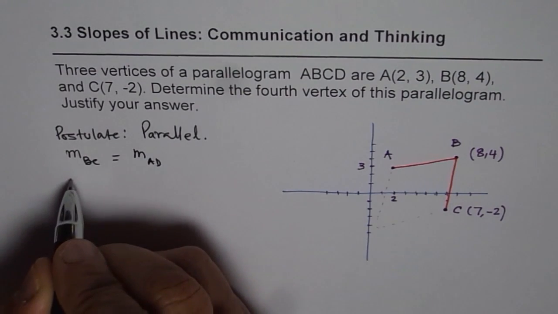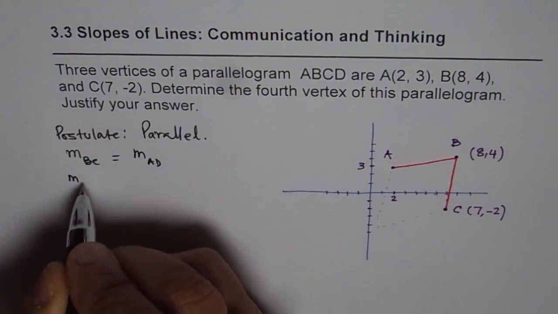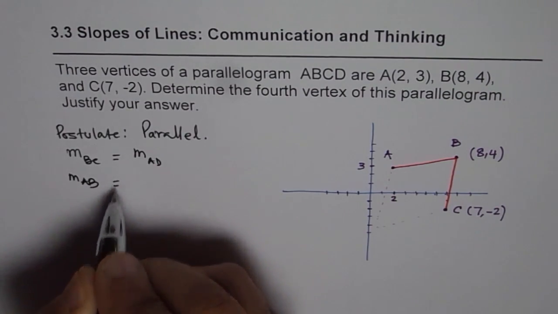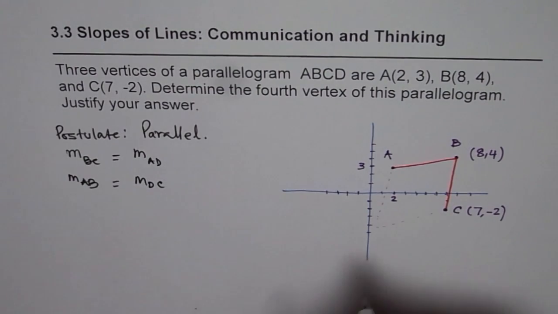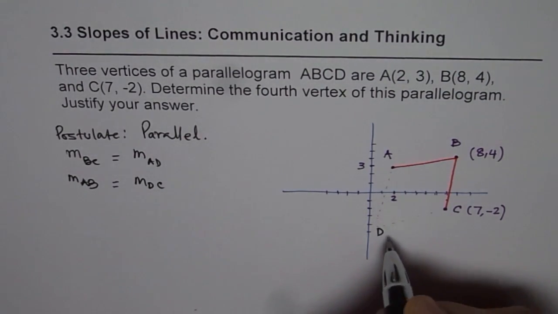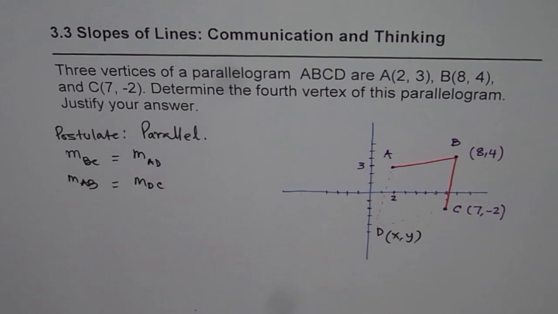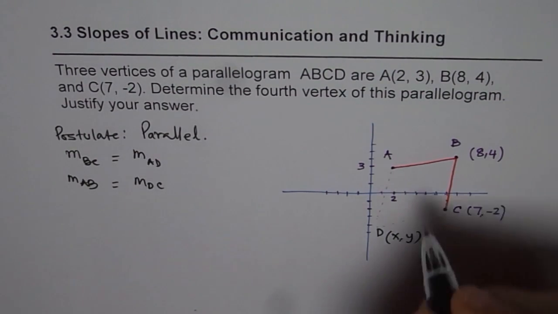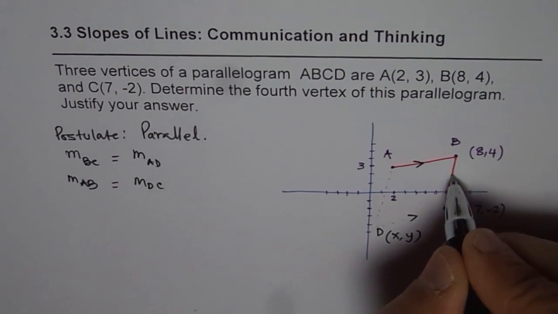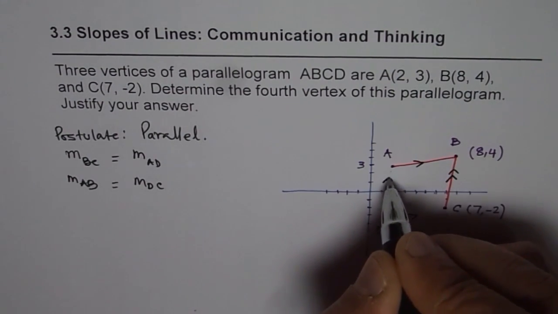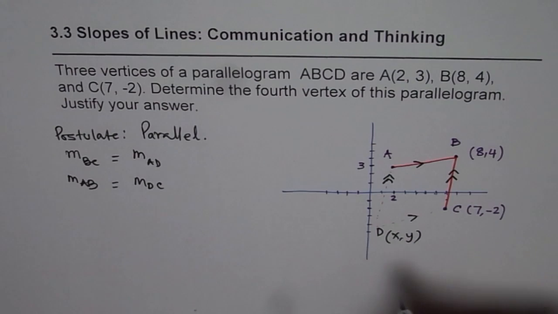Similarly, the slope of AB should be equal to the slope of DC. We are assuming D is somewhere here. We don't know what these points are. Let's call them X and Y for the time being. We need to find them, right? So these slopes should be the same, and we can indicate that with these arrows. So we still don't know where D is, but we know it is somewhere there. So that is the strategy.